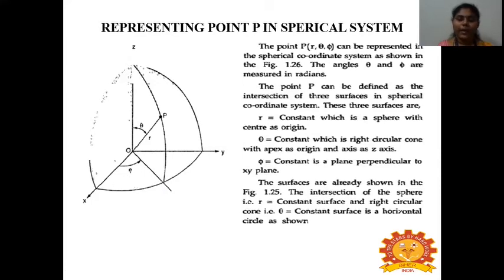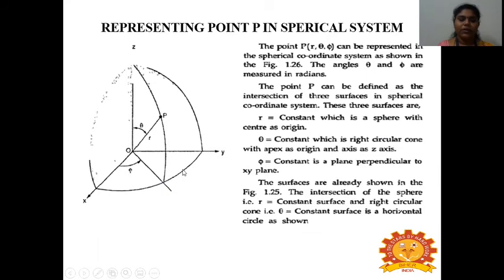So the point P can be defined as the intersection of three surfaces in the spherical coordinate system: r equal to constant is a sphere with the origin as the center, theta equal to constant is the right circular cone with the apex at the origin and its axis as the z axis, and phi equal to constant is the plane perpendicular to the xy plane. These surfaces are shown in this diagram.